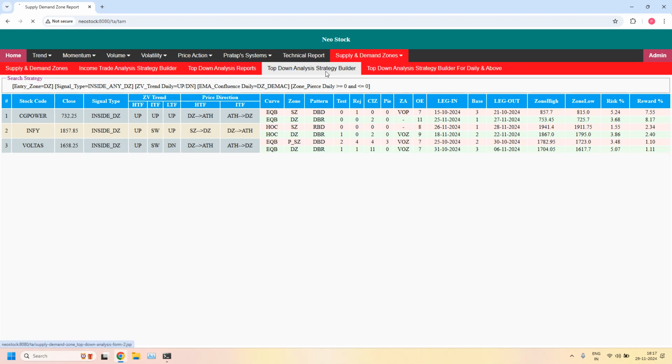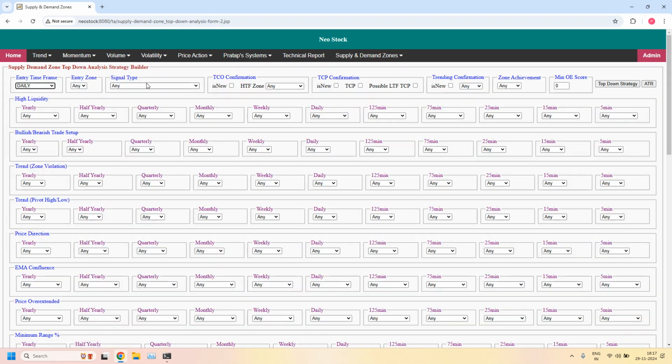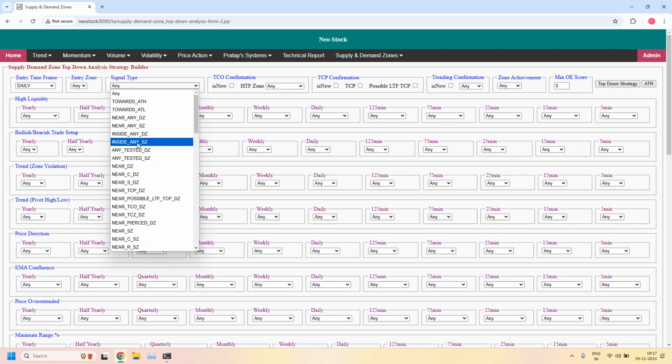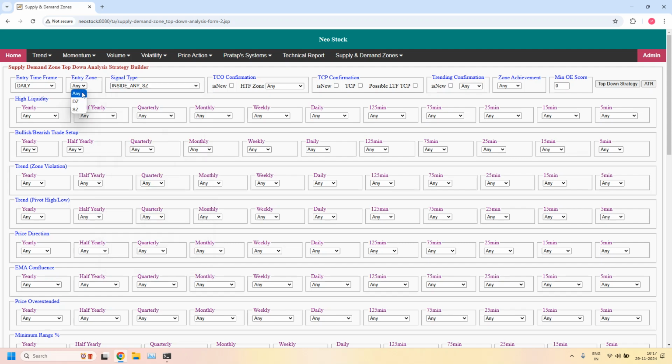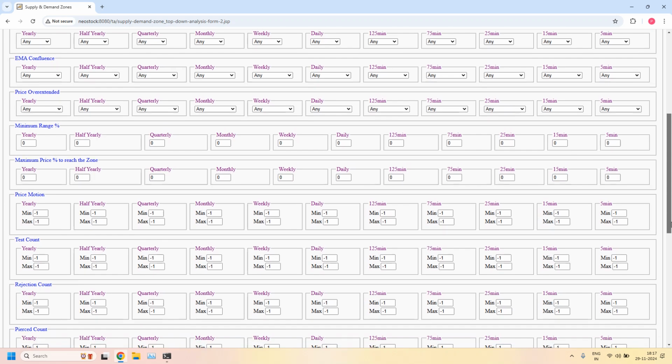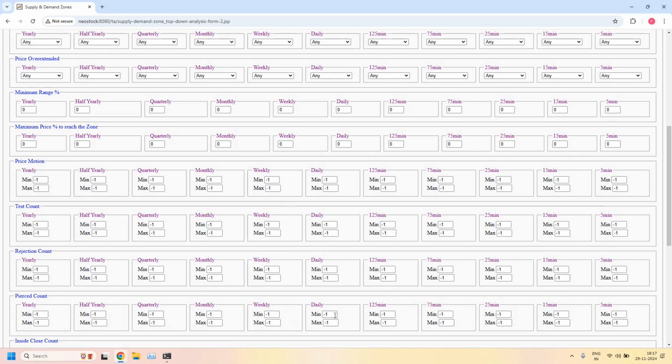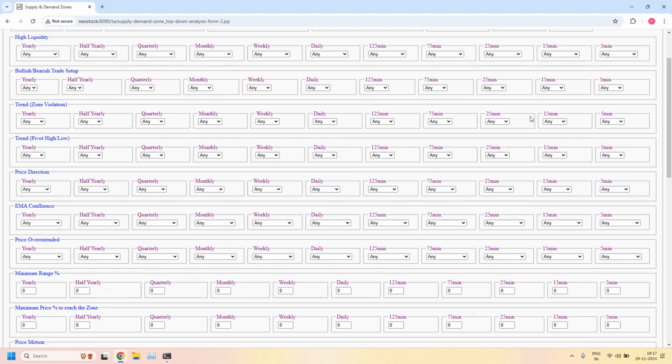That way you can prepare your trade setups. Okay, next for daily time frame, price closed inside daily supply zone, and these daily supply zones should not be pierced. So in the pierced count at a daily time frame, I am setting minimum value 0, maximum value 0. That means daily supply zone is not pierced.